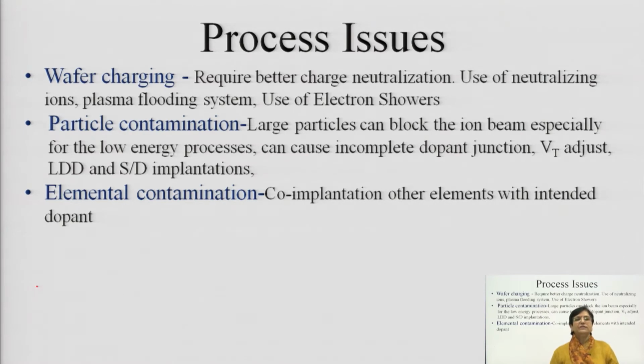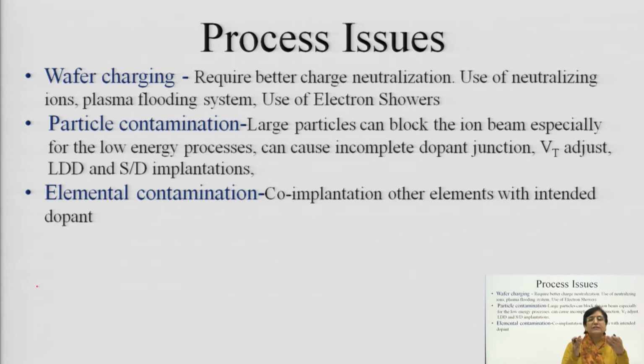Another issue is particle contamination. Since we are handling these wafers in batches, loading, unloading them and exposing them to the dopant, many times particles get added onto the wafer.